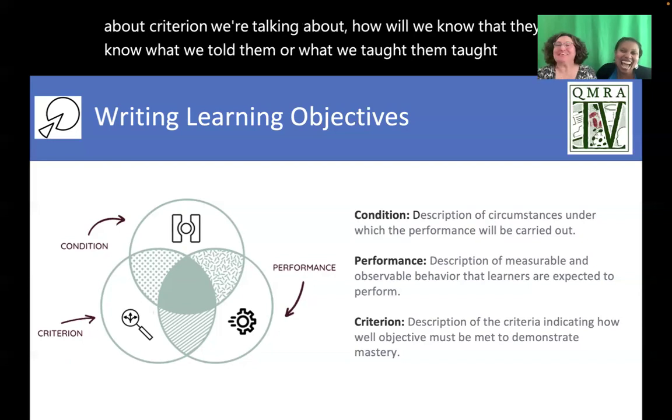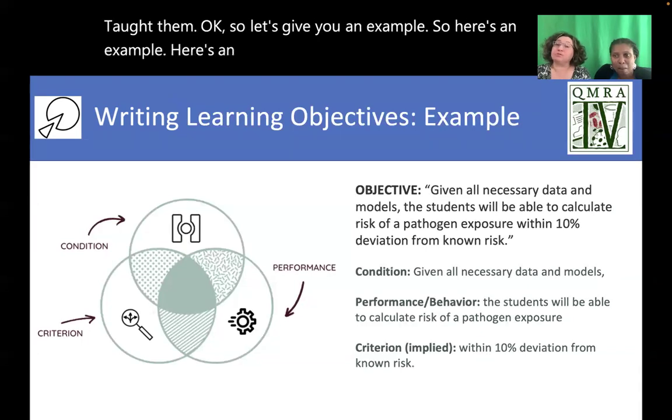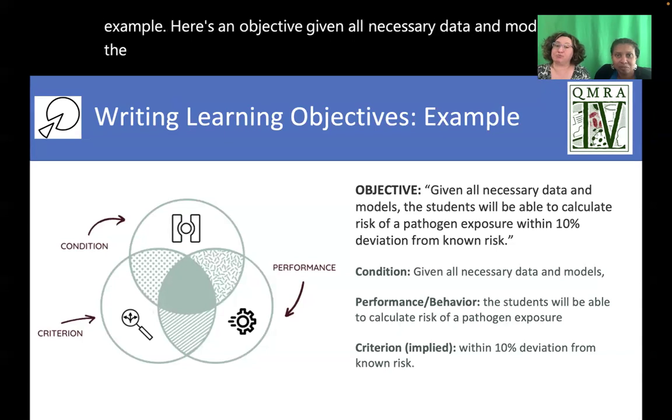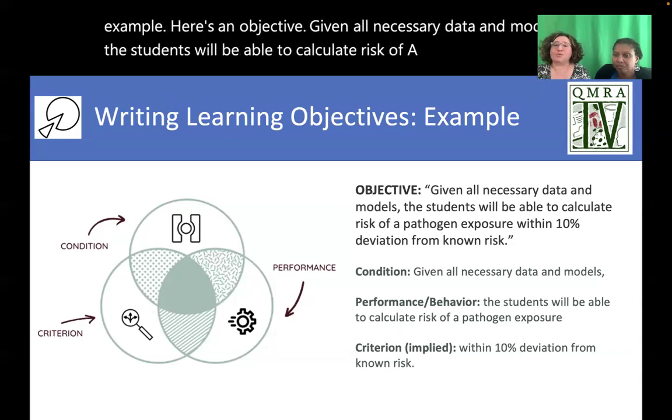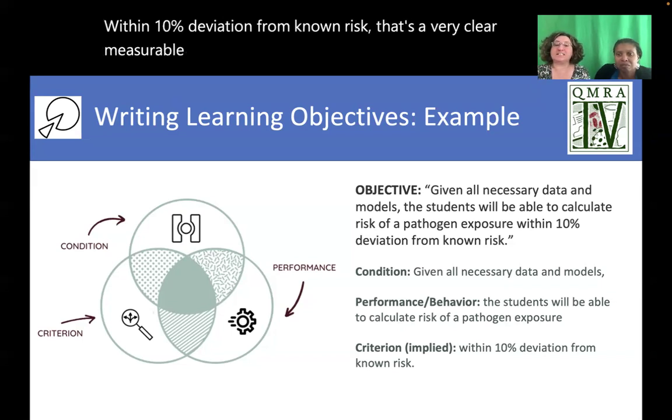Okay, so let's give you an example. Here's an objective. Given all necessary data and models, the students will be able to calculate risk of a pathogen exposure within 10% deviation from known risk. That's a very clear, measurable objective. It contains a condition: given all necessary data and models.